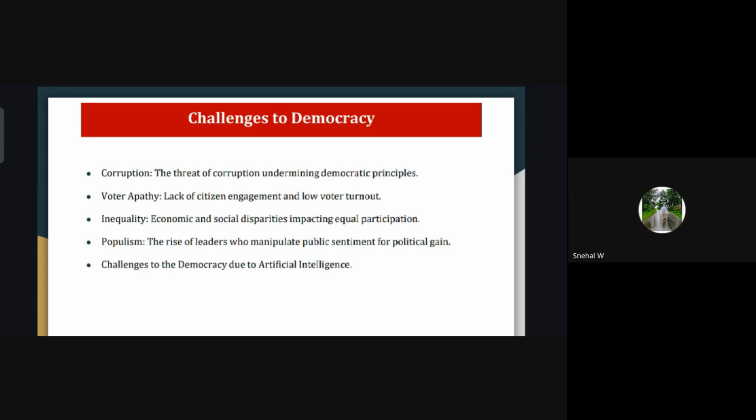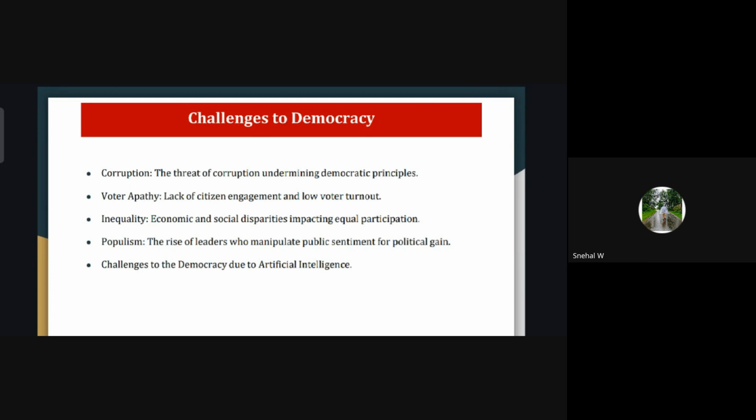Okay, because inequality again arises out of social discrimination, where a particular community is discriminated against by the rest of the communities, then a problem arises. That community is thrown back.